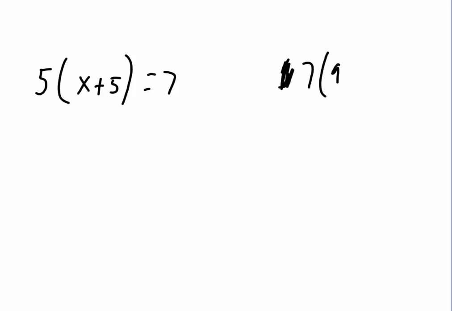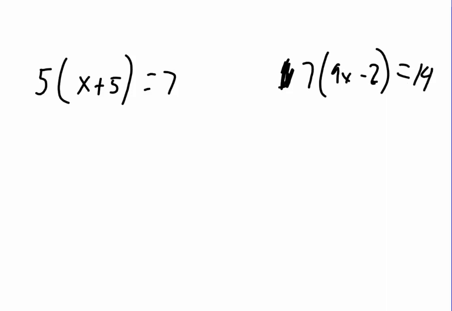So let's do this problem: 5 times x plus 5, yeah, why not, equals 7. And then we'll do the same problem this way. Actually, I want different numbers because I'm bored. 7 times 9x minus 2 equals 14.